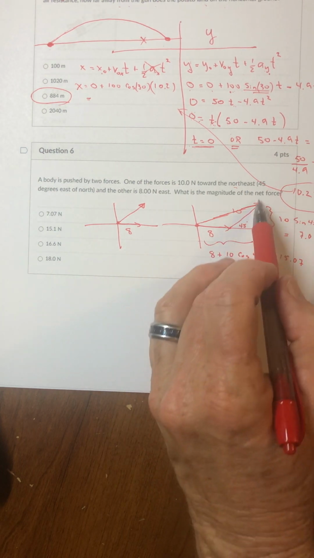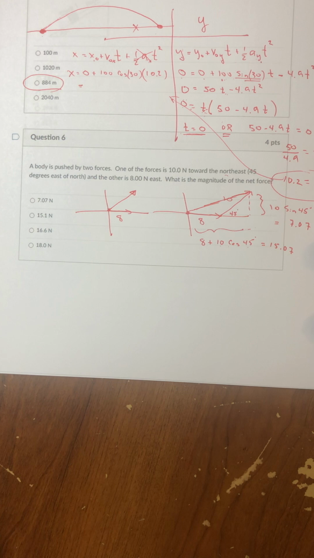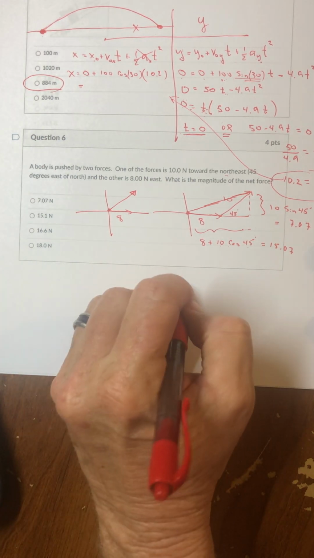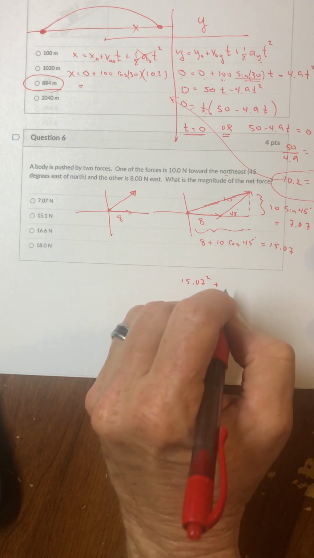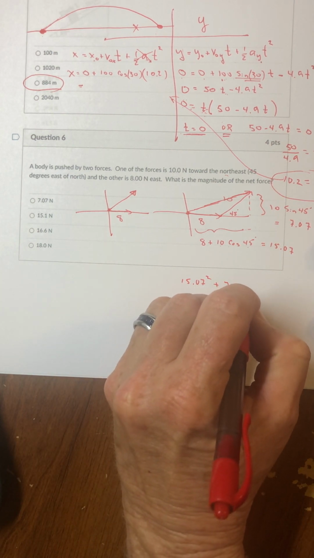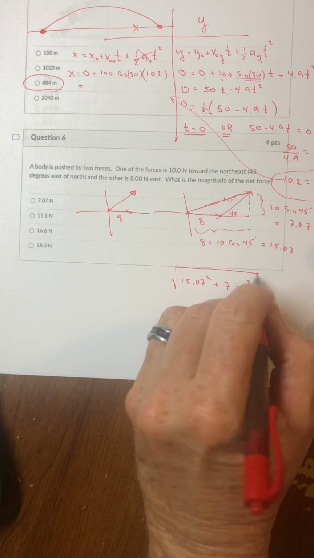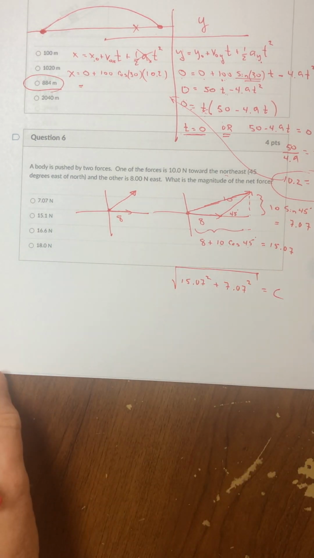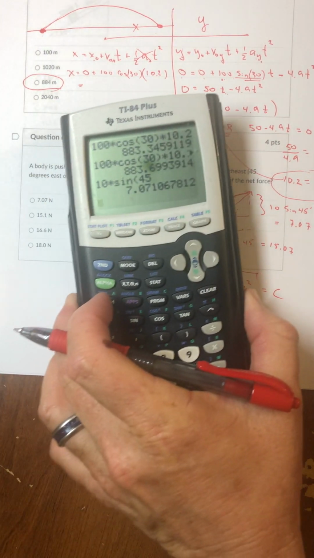And then, of course, the total would be in the picture kind of like here. So we'd have an x and a y. And so we have to use the Pythagorean theorem here, a squared plus b squared. In the x direction, it's 15.07, and in the y direction, it's 7.07. So there's the a and b. Then we can square them, add them together, and get the hypotenuse.